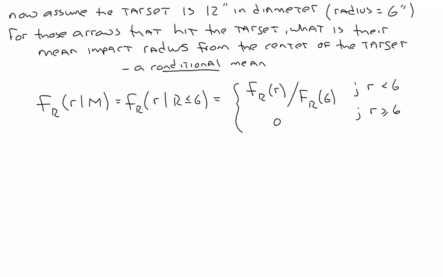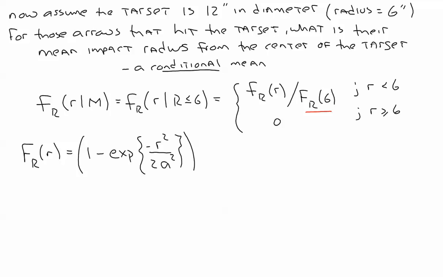Well, I need to calculate the cumulative distribution function evaluated at 6. From our previous work, a few videos ago, my cumulative distribution function for the Rayleigh random variable, this is the non-conditional cumulative distribution function, equals 1 minus exp of negative r squared over 2a squared. And there's a step function in there.